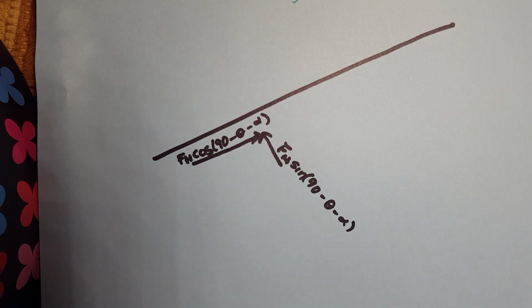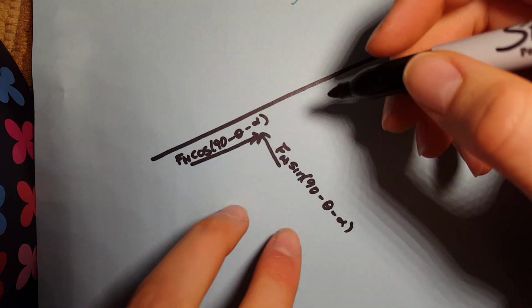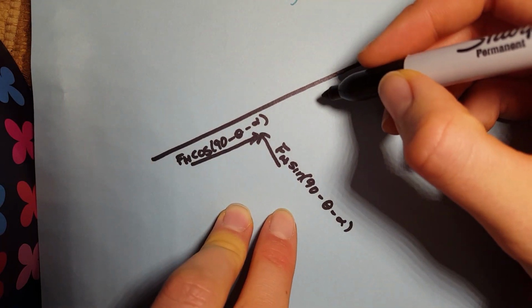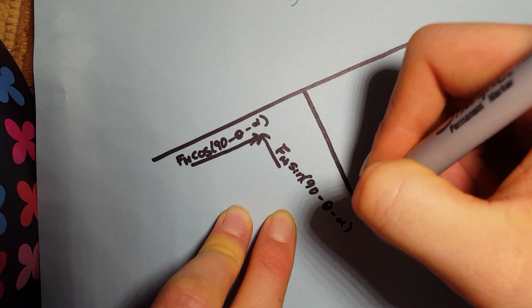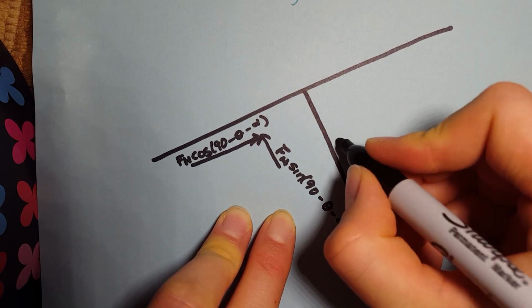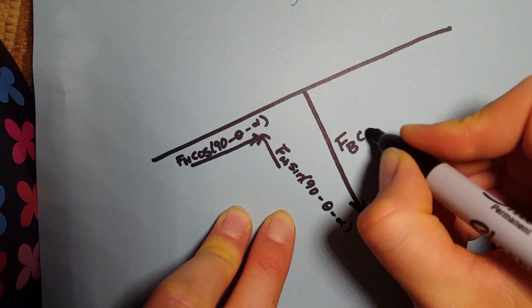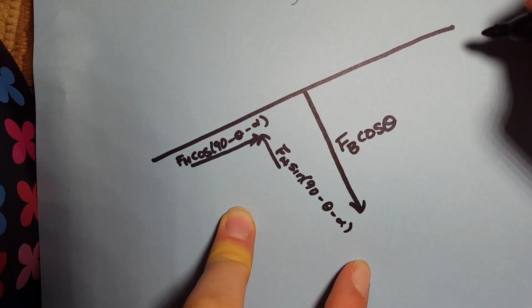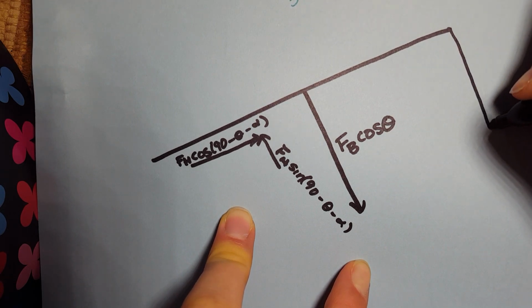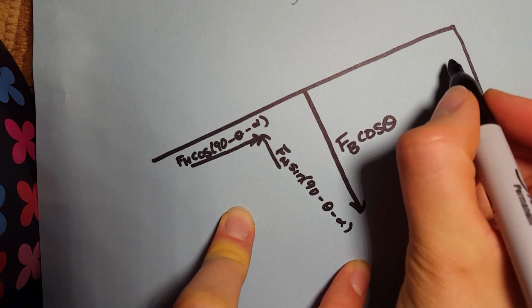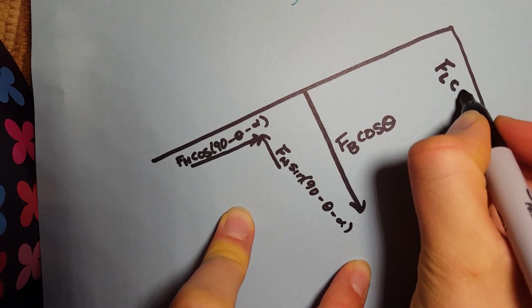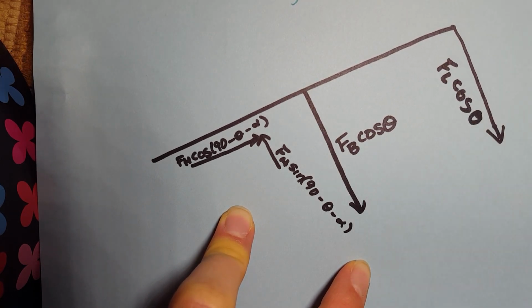Nope, I don't have a smaller one. Okay, we're going to deal with this. So we have, acting at the center of mass of the boom, an FB cosine theta, and acting at the load, we have an FL cosine theta.